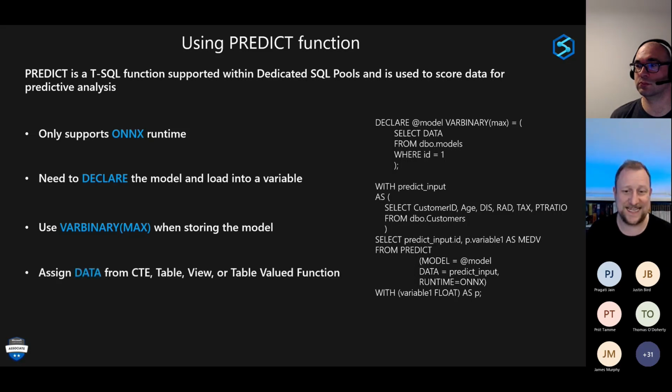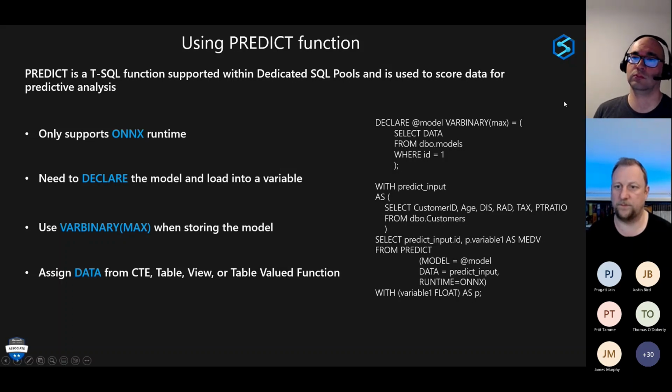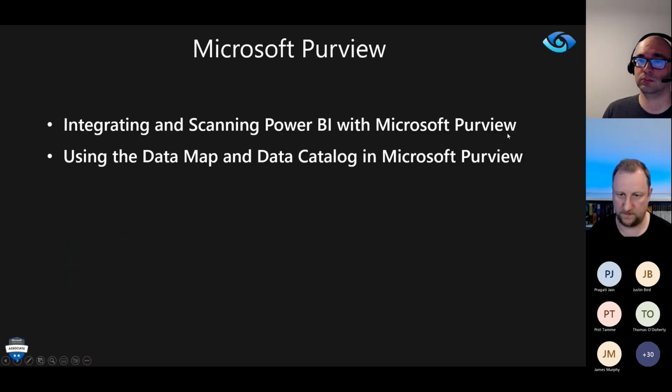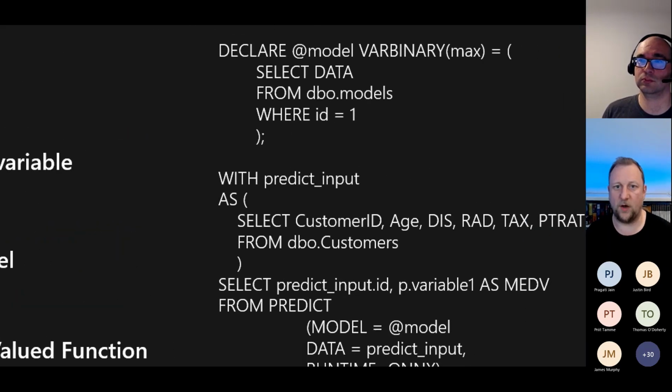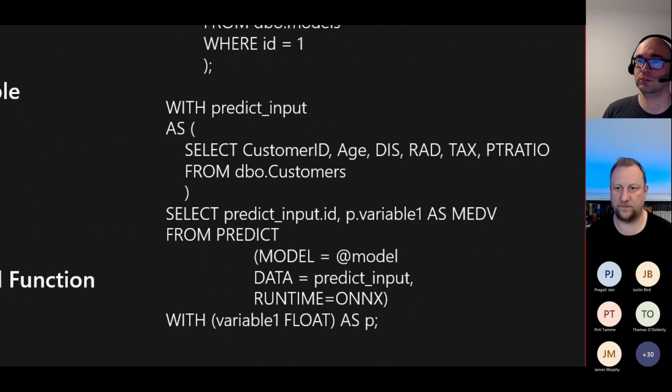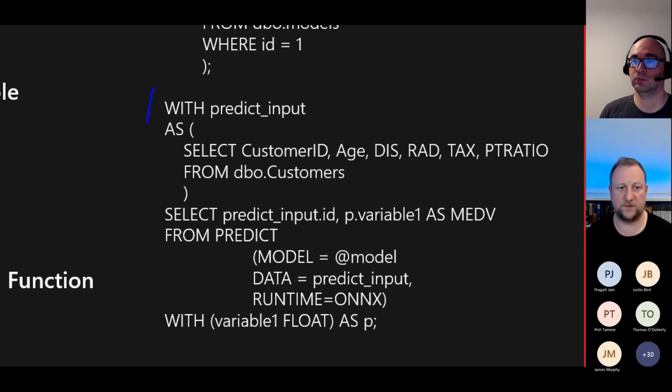In terms of the data itself for scoring, you can get that data from a common table expression, a table, a view, or a table valued function. So on the right hand side, after we've declared our model, as you can see here, I've just got a CTE to create the data set.